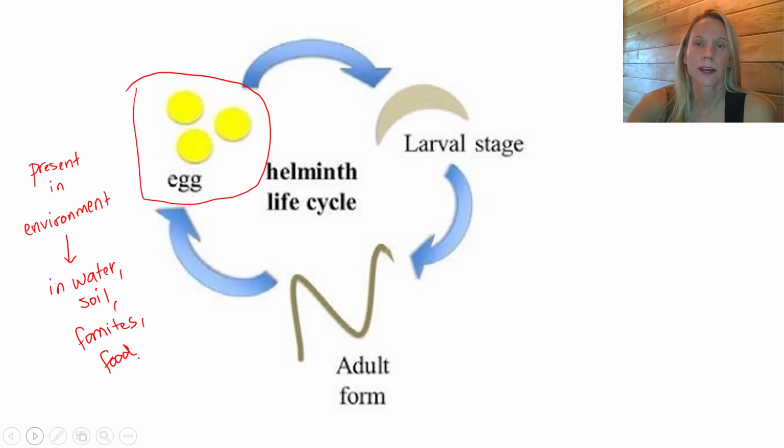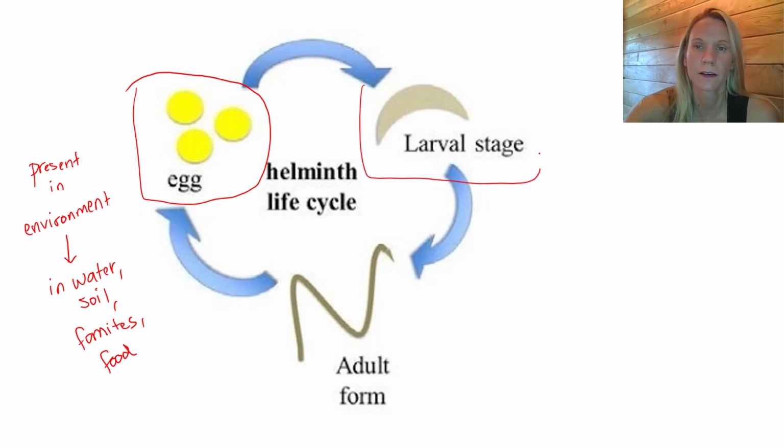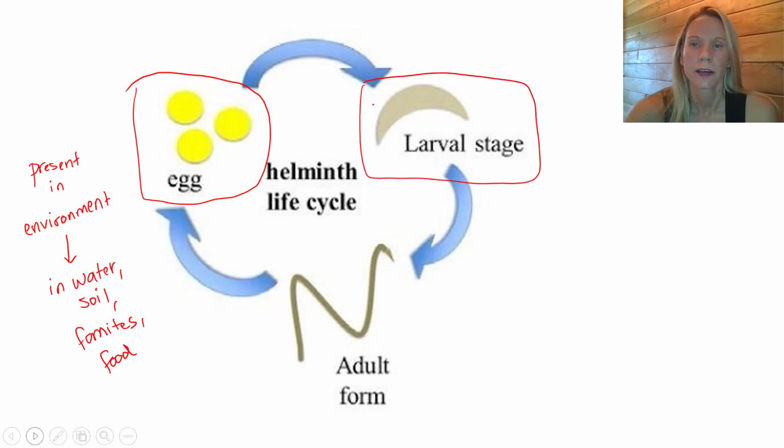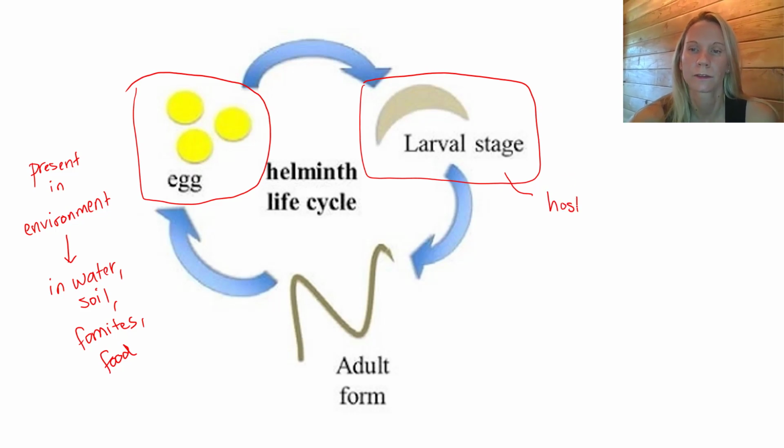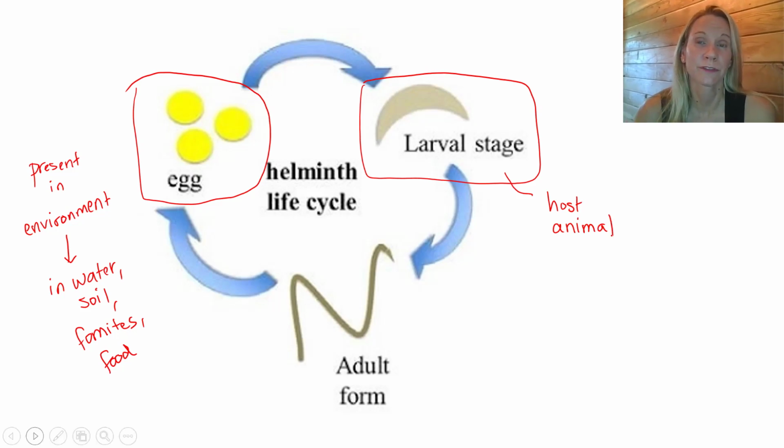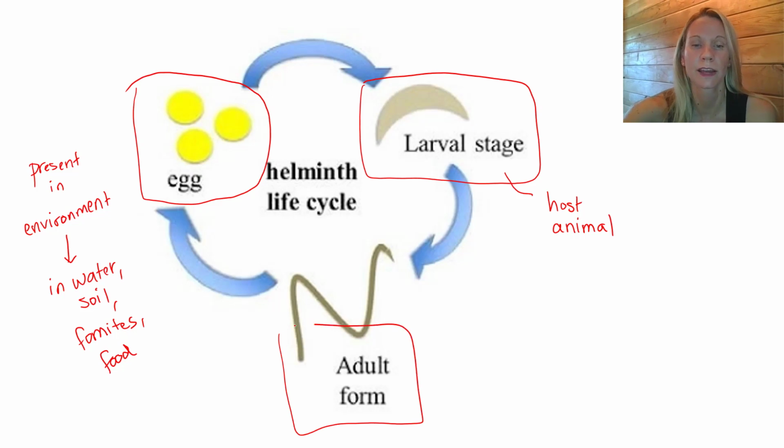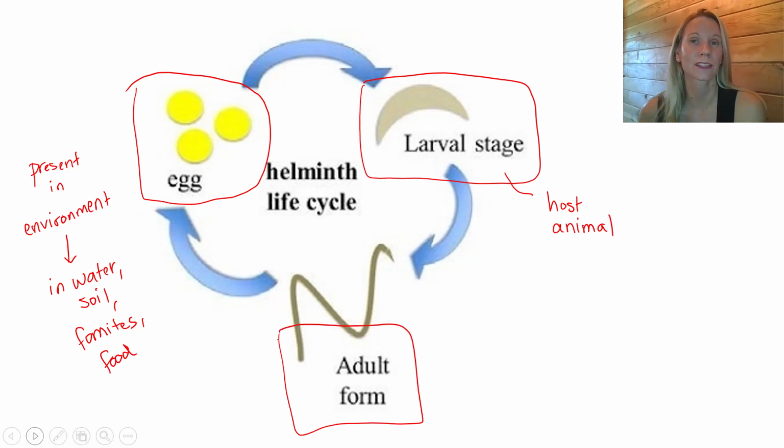Okay, the larval stage, this juvenile worm stage, is usually present in some sort of host animal. It's possible for the larval stage and the adult stage to also be in the same animal, although that's not always the case.